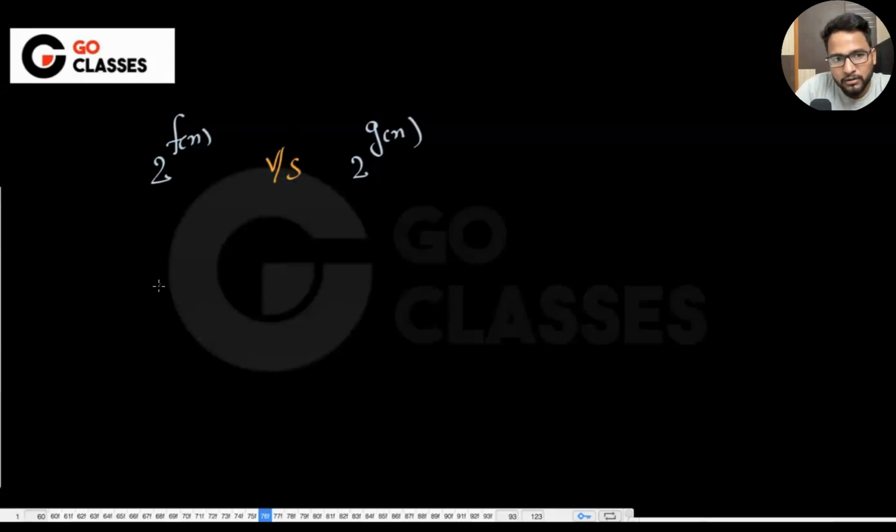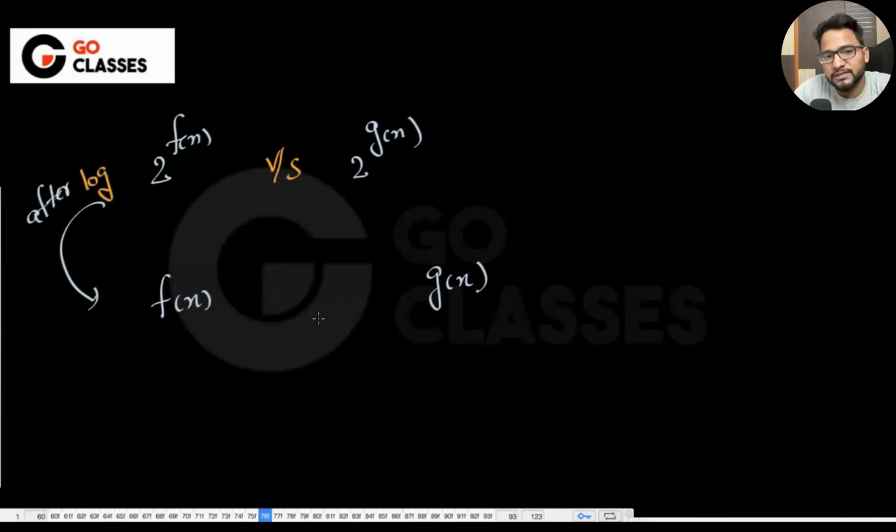Take the log. It will be f(n), it will be g(n). After taking the log, it is given that f(n) is less than or equal to g(n).